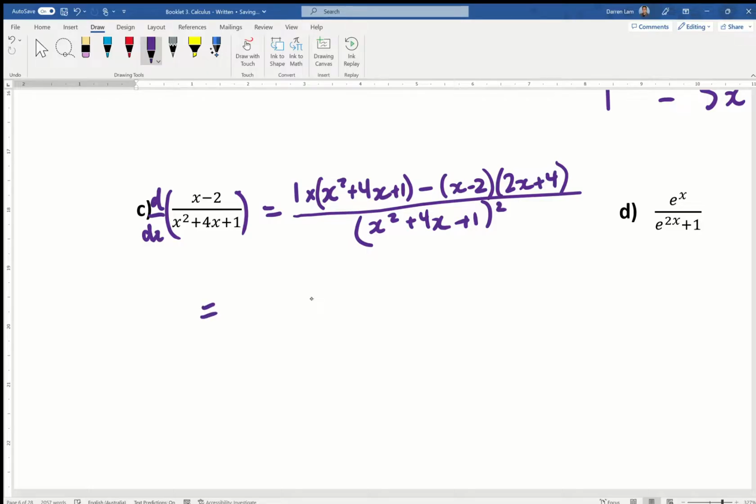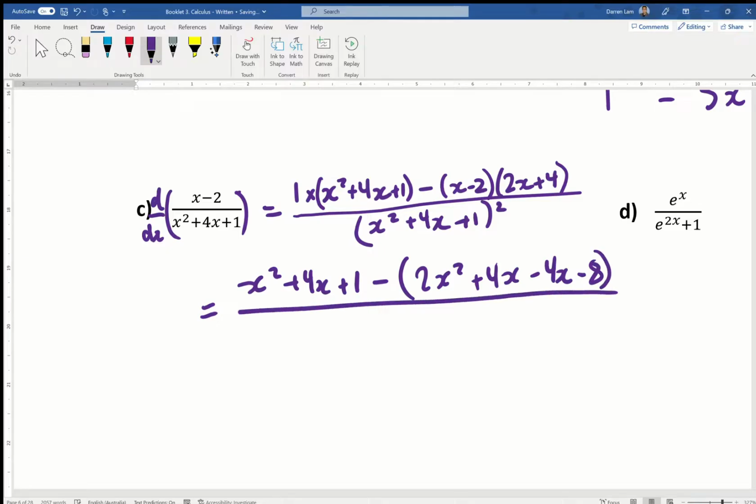Simplifying that down, it's just going to be x squared plus 4x plus 1, minus, and I'm just going to do that expansion now because I know that I'll be able to simplify the top terms. So that becomes bracket, use the big bracket, so I'm just going to multiply those together, get 2x squared plus 4x minus 4x, and then minus 8, all divided by x squared plus 4x plus 1 squared.